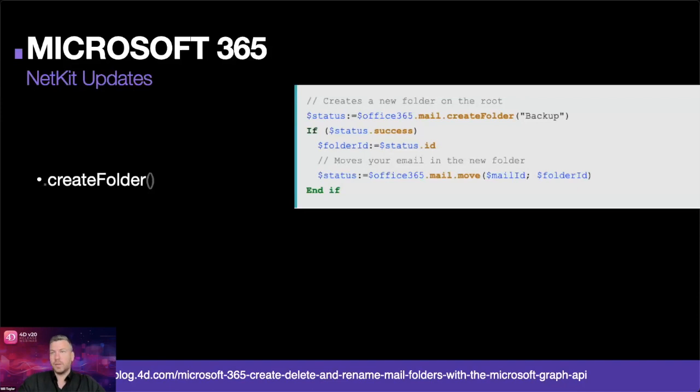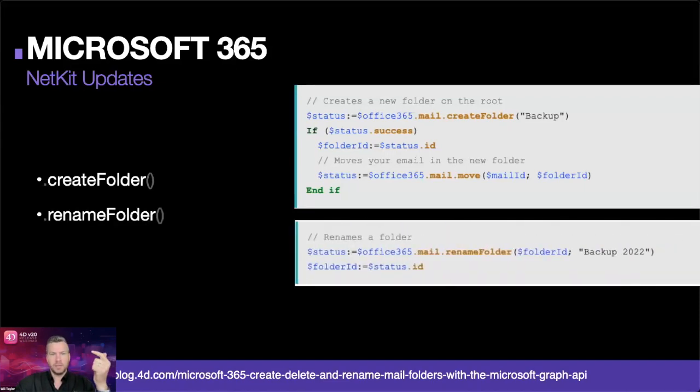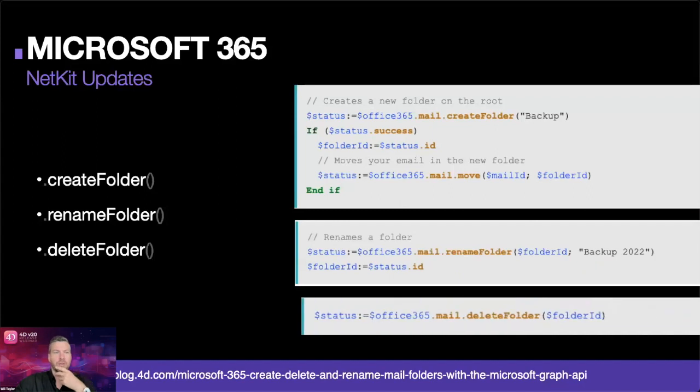With every new version of 4D come new versions and new functionalities implemented into the 4D NetKit component. You can now use the Microsoft Graph API to manage your mailboxes: creating, deleting, renaming, and retrieving information.